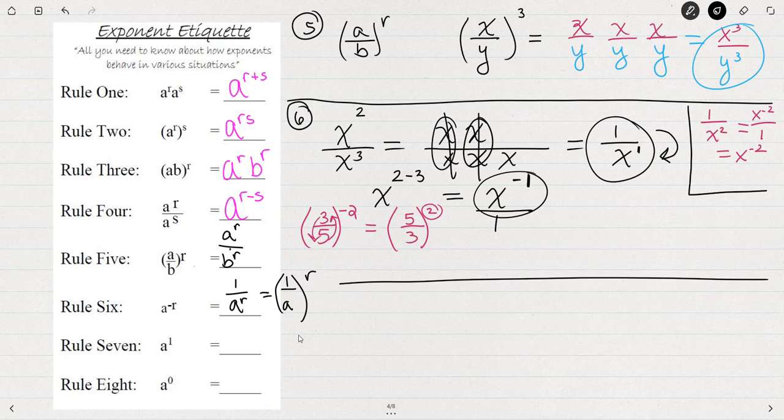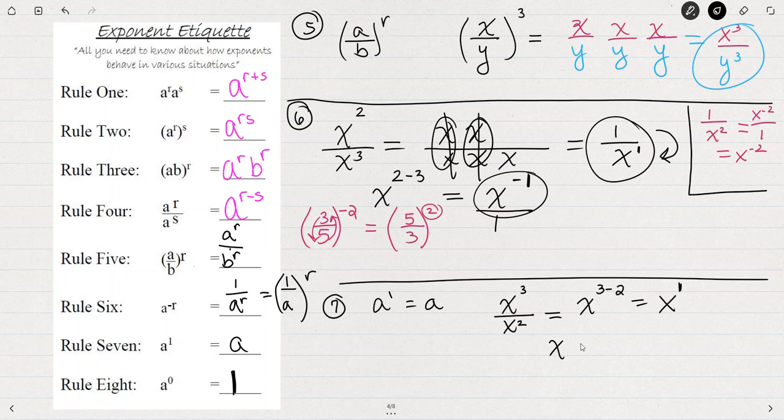Last two examples, a to the 1 is the same thing as just a, and a to the 0 is actually going to be 1. Let me show you two examples that demonstrate this Rule 7 and Rule 8. If I have x cubed over x squared, and I applied the quotient rule, I'd have x to the 3 minus 2, and you see that 3 minus 2 is x to the 1.